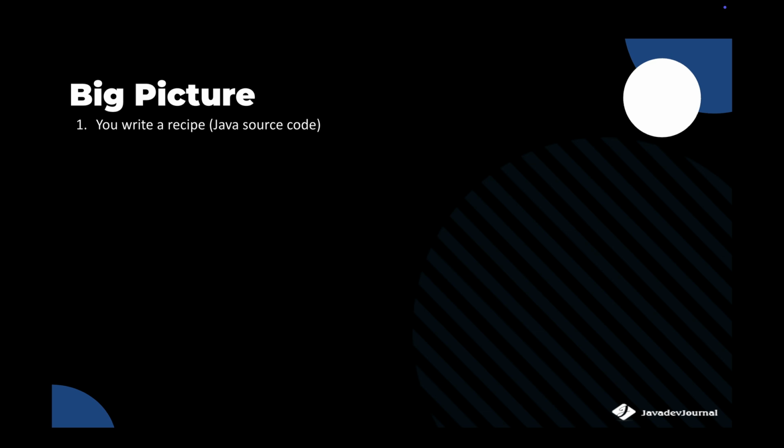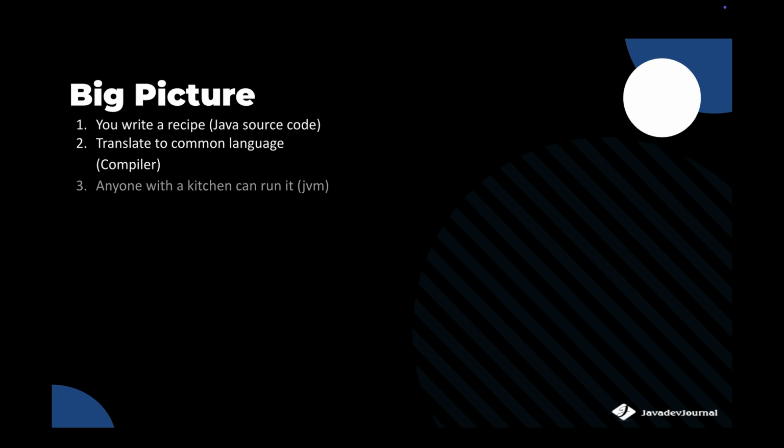So we need some sort of common language which we can use in order to understand that. That's where our compilers come into the picture. They make sure that your recipe, which in our case is the Java program, is translated into a common language which the computers understand, right?